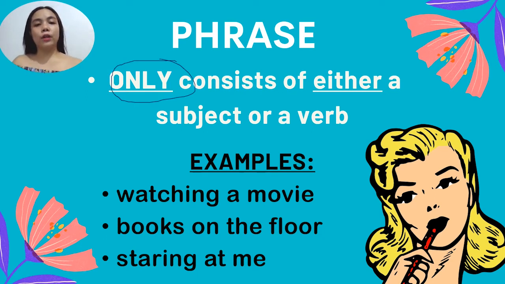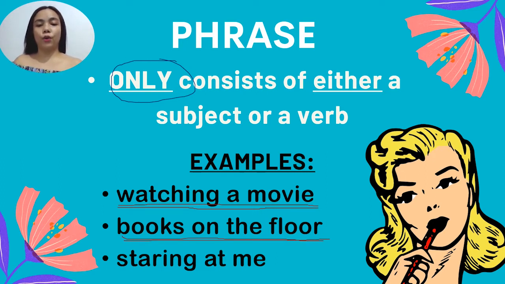So, if you are going to look at the following examples, watching a movie, what is it? Is it a subject or is it a verb? Alright, it's actually a verb phrase, right? Watching a movie. Okay, do you see any subject? None. Next, books on the floor.